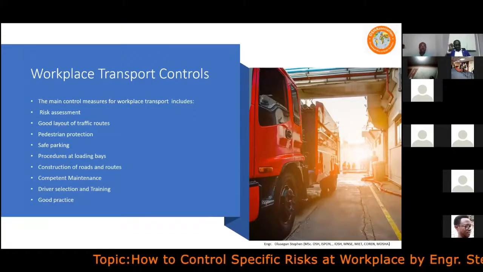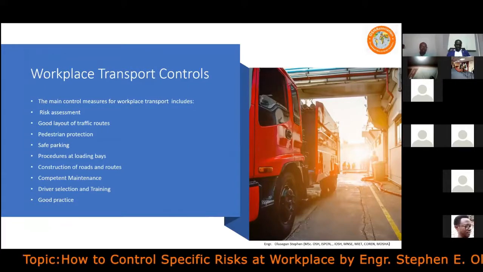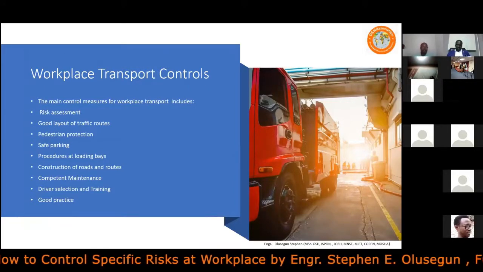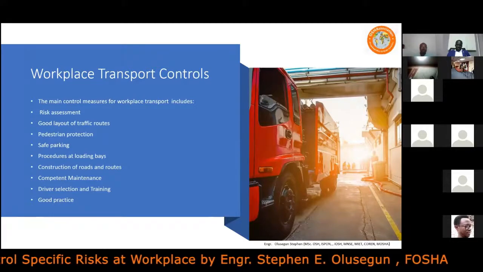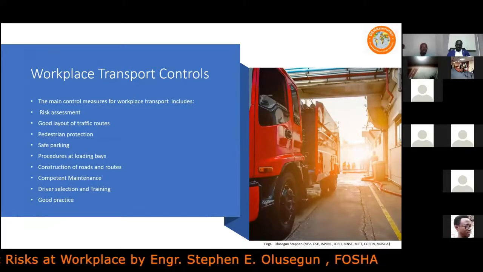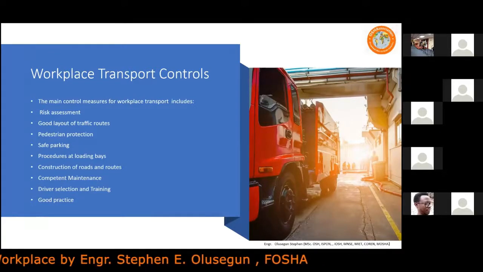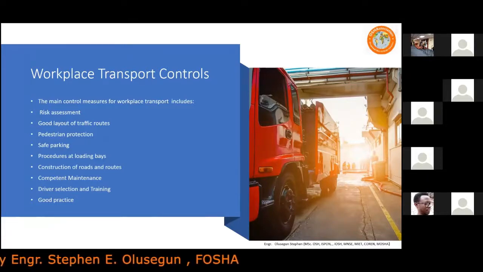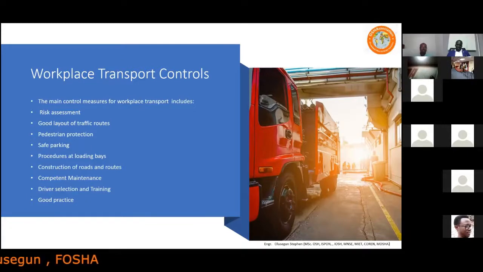Workplace transport is a very heavy one. The main control measure for workplace transport is risk assessment, good layout of traffic routes, pedestrian protection, safe parking procedure at loading bays, construction of roads and routes, competent maintenance, and driver selection and training, good practice.